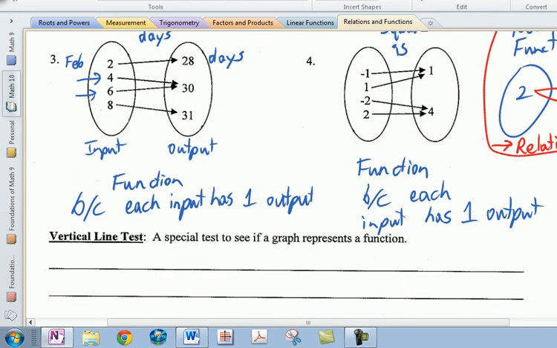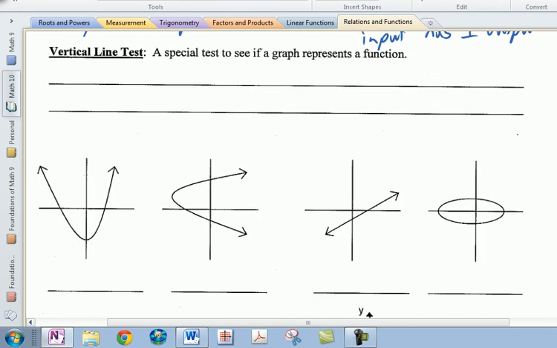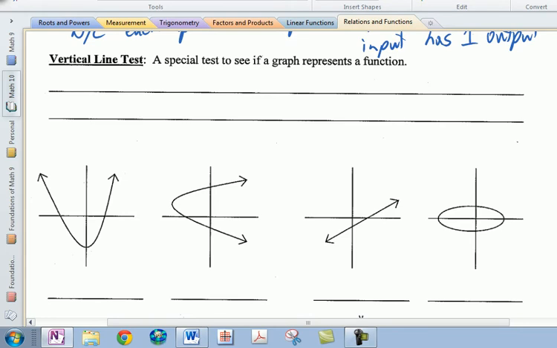Now what we can do if we have a graph is we can use what we call a vertical line test. It's a special test to see if a graph represents a function. In the textbook, you might even hear it being called a pencil test, because you can use your pencil as the vertical line.